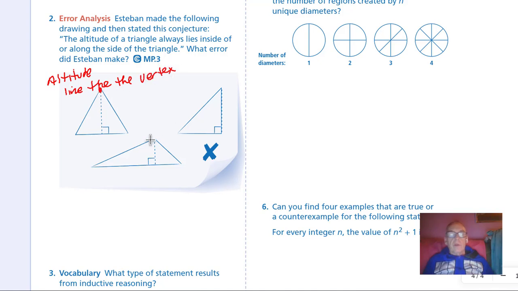There would be a vertex, this would be a vertex, this would be a vertex. These are all also vertexes, or vertices. So there's actually an altitude to each one.